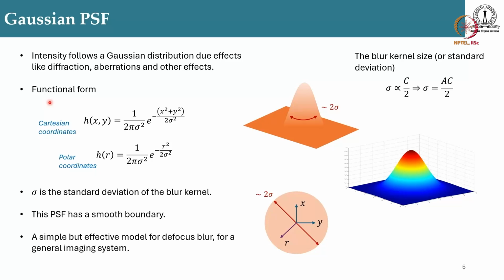So to bridge those two ideas, we scale the problem in a way that this standard deviation is proportional to the blur circle radius, and there appears a constant which we treat as an experimental constant for the system. So this is a very effective model which we will use a lot in all of our analysis, and we will also discuss in which kind of systems this PSF exists because it is still an approximation.